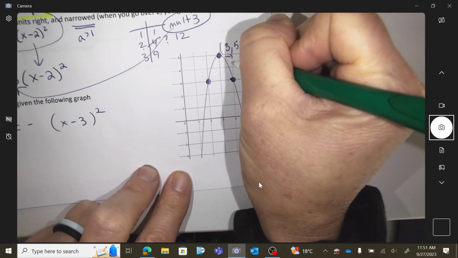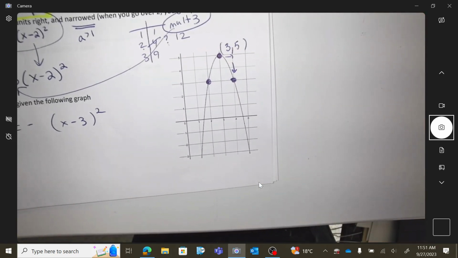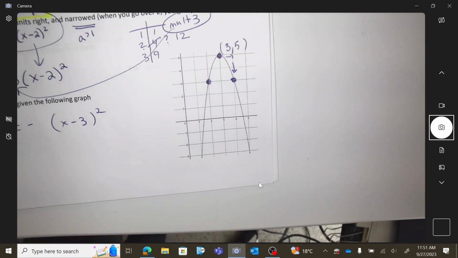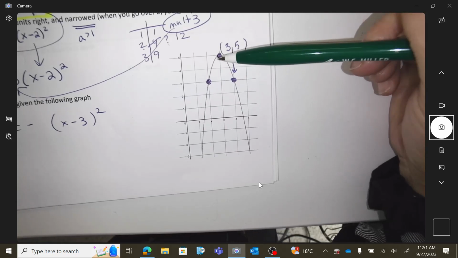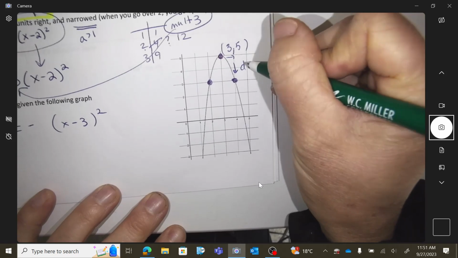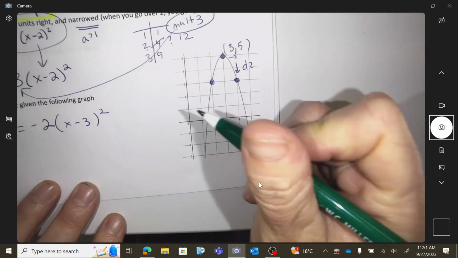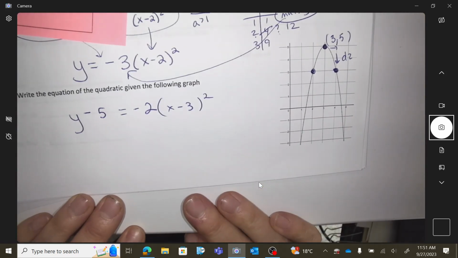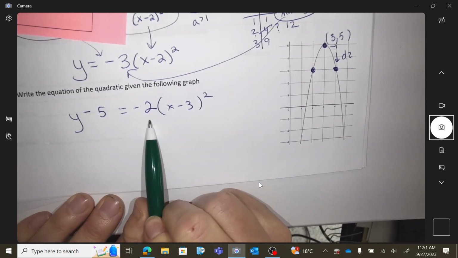So what kind of pattern happened there? Would it make sense that I went over 1, down 2? Over 1, down 2. So if you're heading over 1 and then down 2, that's your slope.